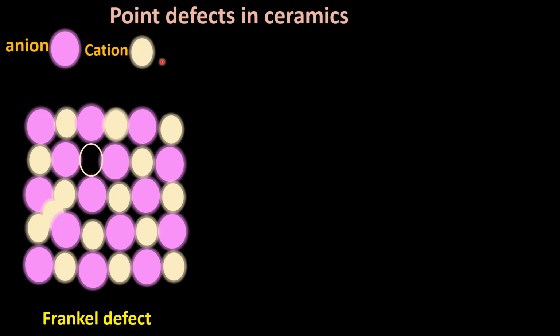Cations are positively charged and anions are negatively charged. So the impurity atom can form solid solutions in ceramic material as they can in the case of metal. Here solid solutions of both substitutional and interstitial types are possible, as we have already discussed in the case of metals.